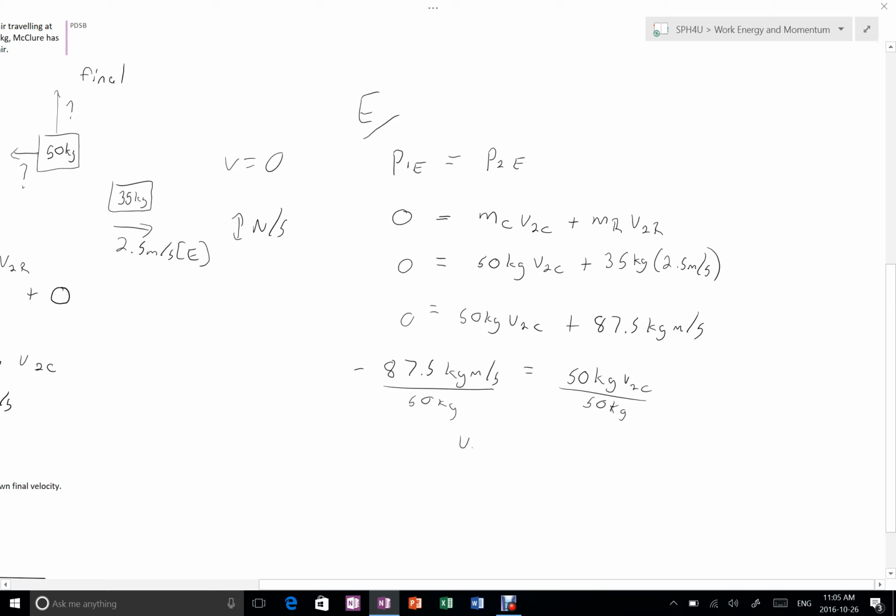I get a final velocity for McClure and the chair to be negative 1.75 meters per second. Keep in mind I've treated east as my positive direction, so this negative means west.